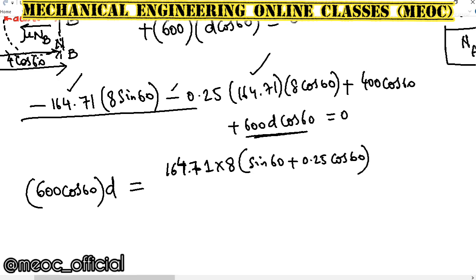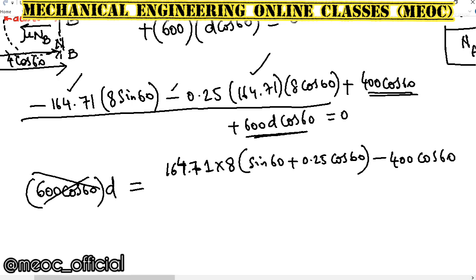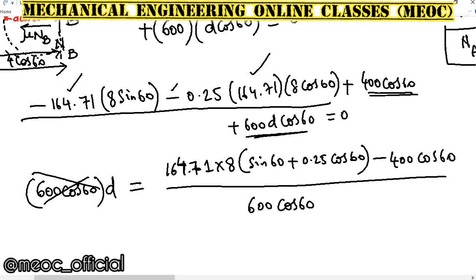So these two terms are becoming this, and this 400 cos 60 becomes minus 400 cos 60. So I am removing this 600 cos 60 here, dividing all this by 600 cos 60.